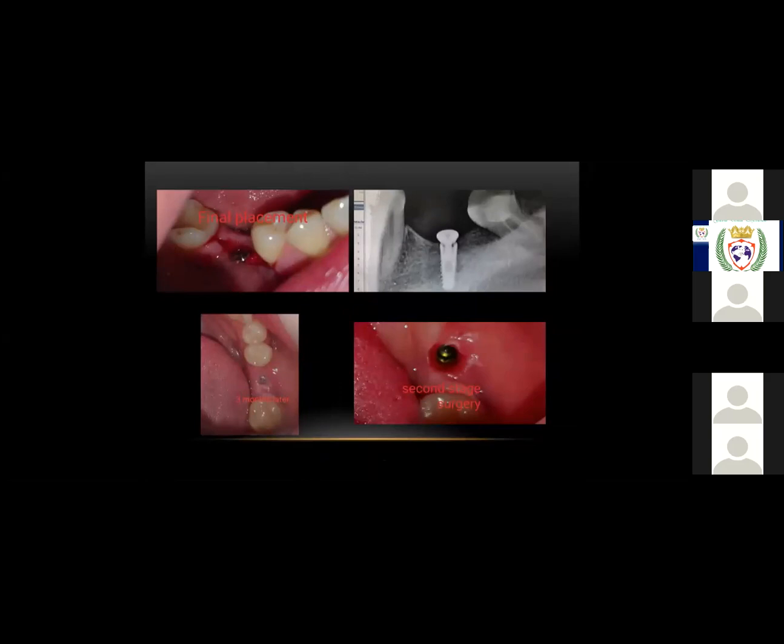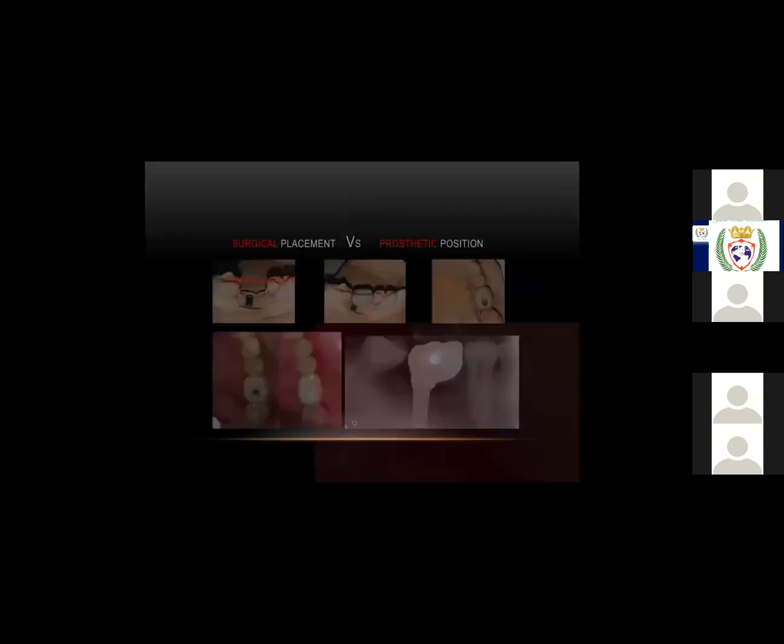Any surgeon will think it has gone perfectly, and prosthetically it looks fine in this picture. Healing was there after 3 months, it was opened, and second stage surgery was done.